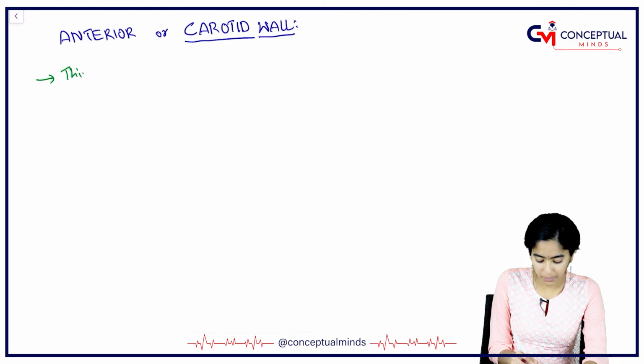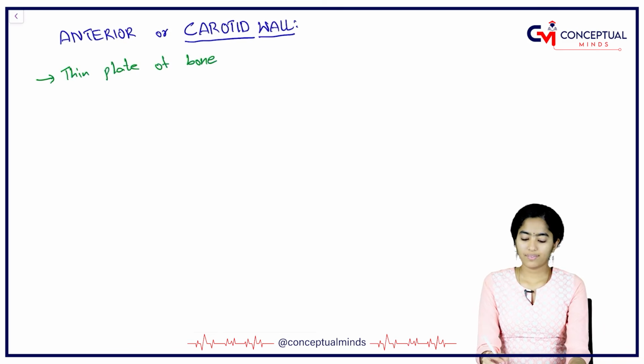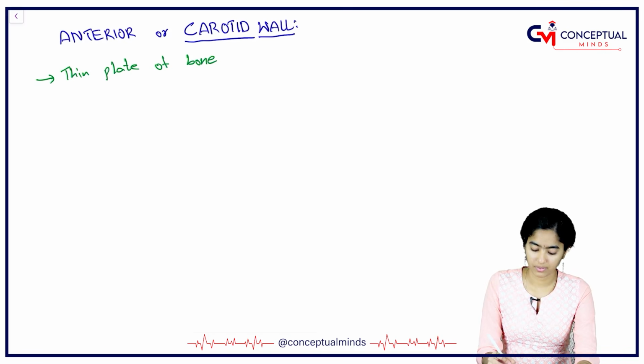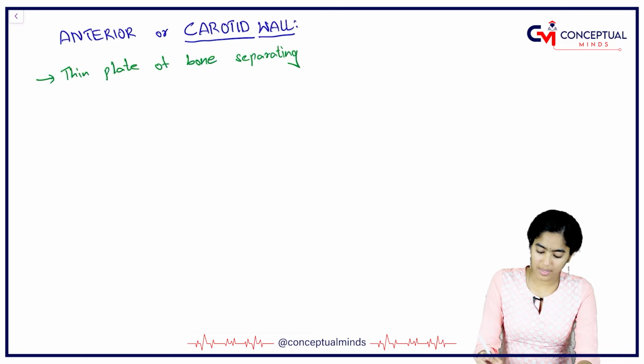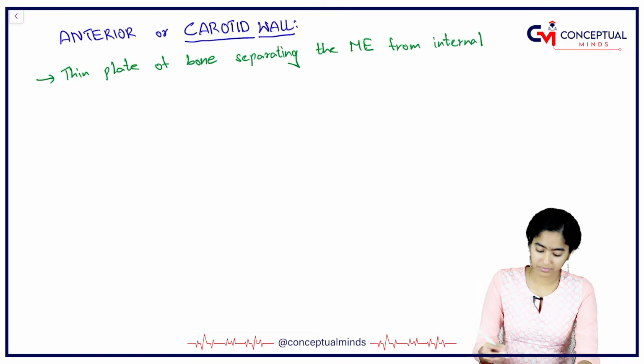There is a thin plate of bone. Why are we calling it the carotid wall? Because this plate of bone is separating the middle ear (ME stands for middle ear) from the internal carotid artery.